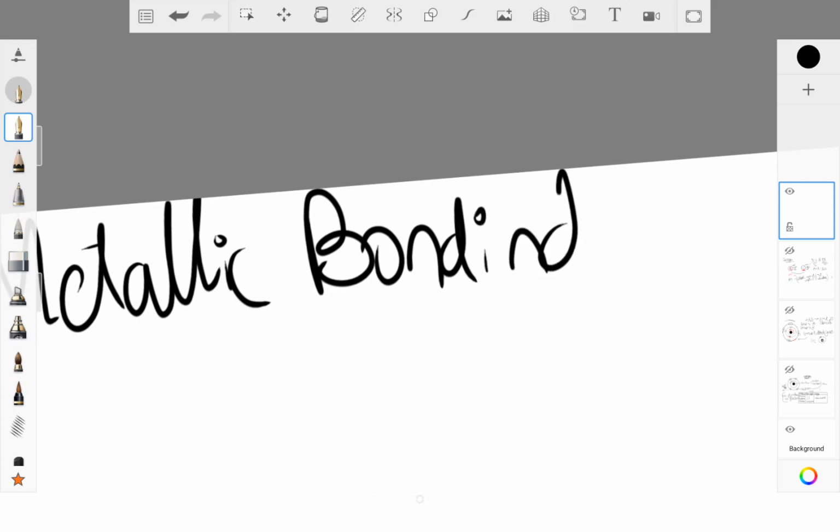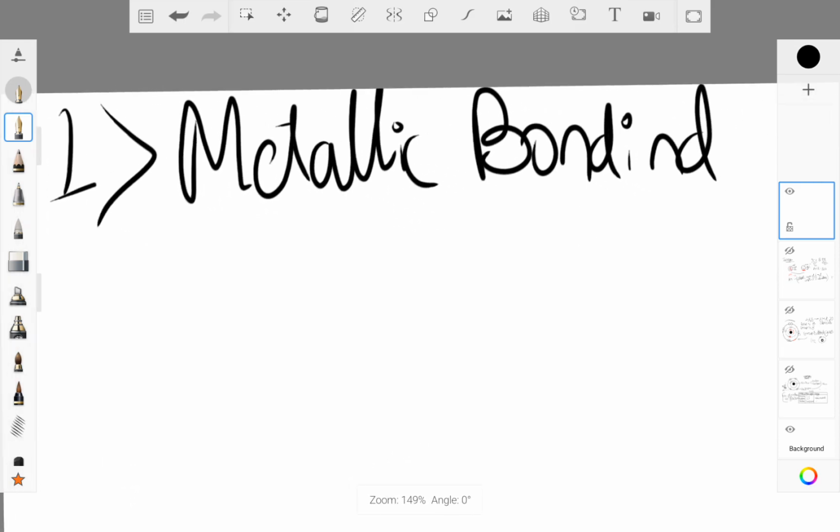Right. So metallic bonding can be described as positively charged cations that are deposited in a sea of negatively charged electrons. So let me just try and draw that to display what I mean.